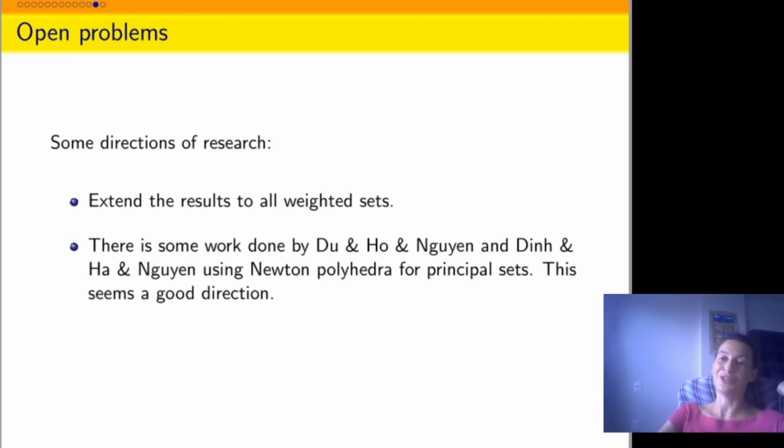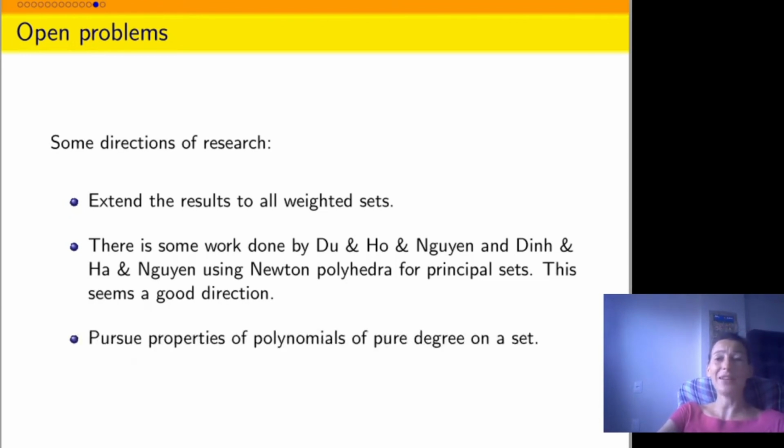This is interesting work of theirs. And of course, as I said, there already were some results on polynomials of pure degree, and they crop up in surprising applications. So I think this is also an interesting idea to pursue.